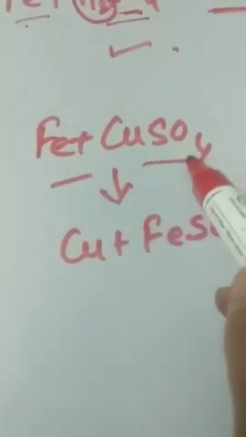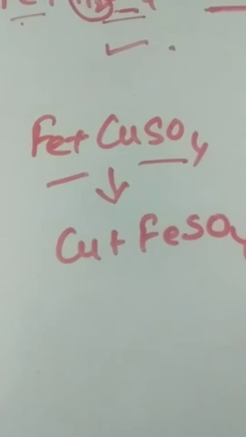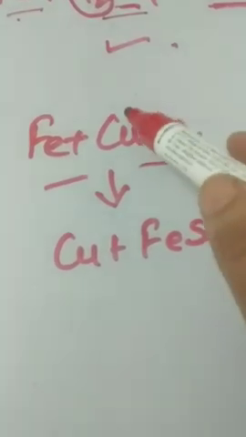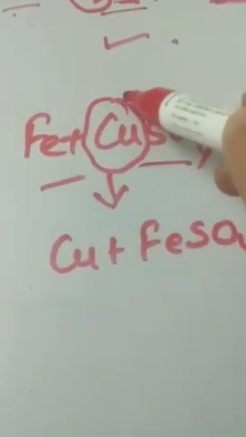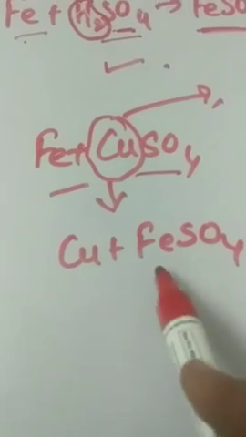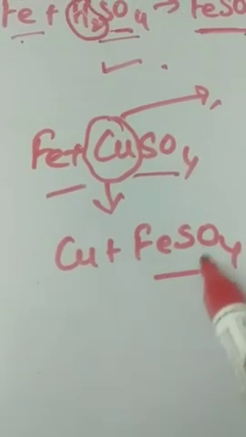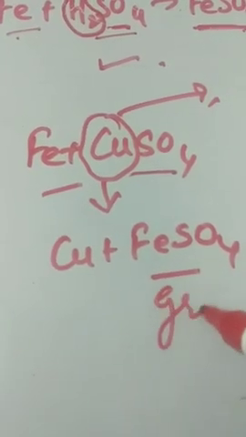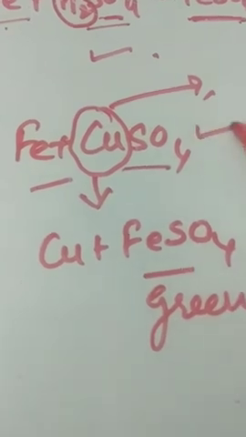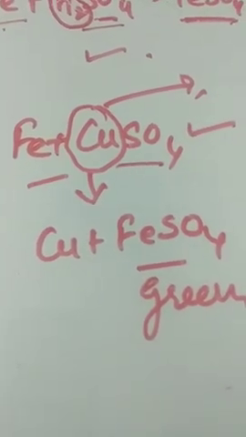When iron reacts with copper sulfate, it displaces copper from the copper sulfate and forms iron 2 sulfate, which is green in color. We know copper sulfate is blue in color.